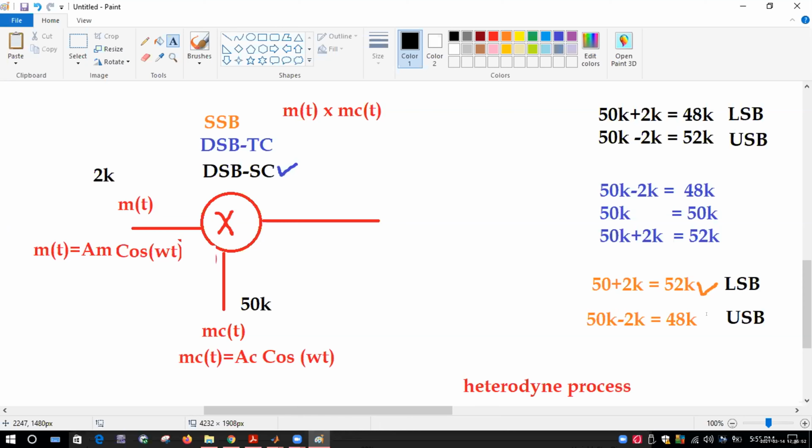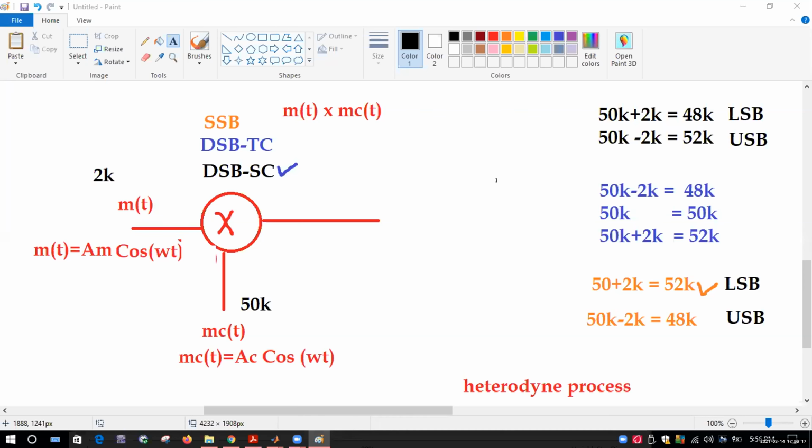Hello, can you hear me? Yes, to add a message with the carrier. Okay, but why do we add them? To send it to a far away place. To a longer distance, yes.